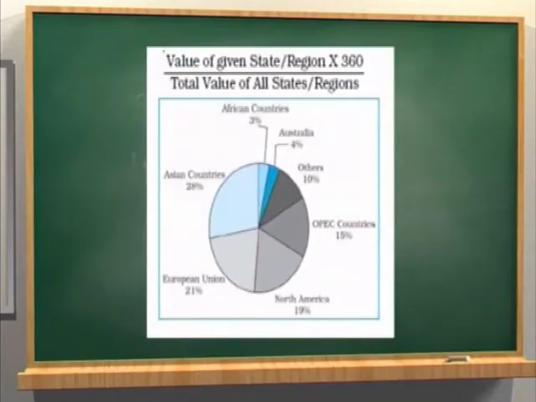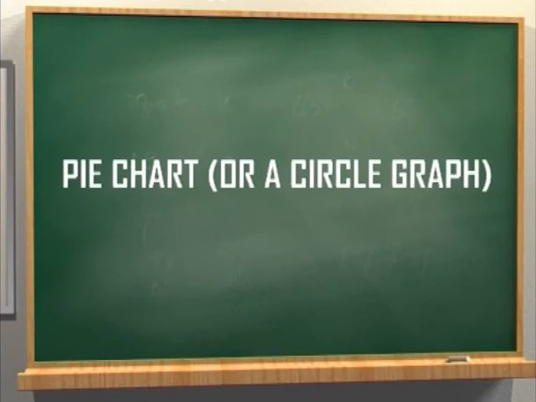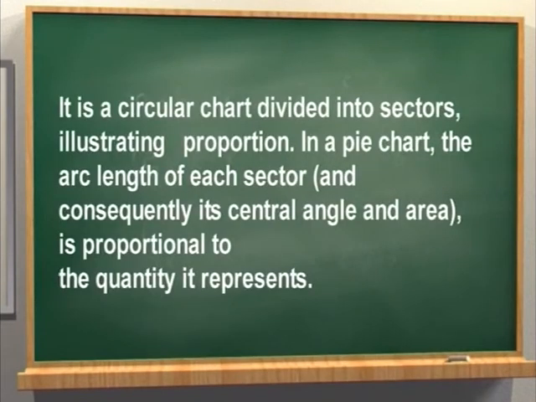The angle of each variable is calculated using the following formula. If the data is given in percentage form, the angles are calculated using this formula. A pie chart or a circle graph is a circular chart divided into sectors, illustrating proportion.